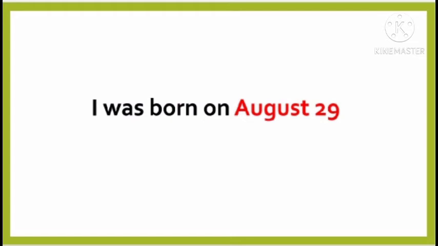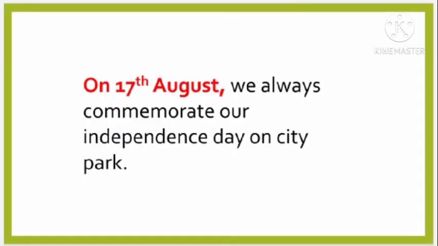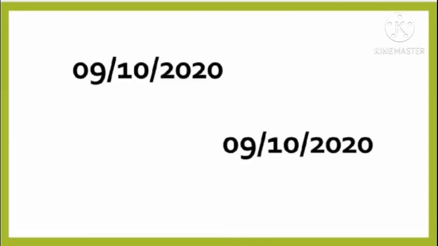But if you are starting by saying the month, then it should be I was born in August 29th. And what about this? Yes, you are right. It's in November 30th in 2020. Or you can say it's on the 30th of November in 2020. And what about this? And this? No, you can try yourself.